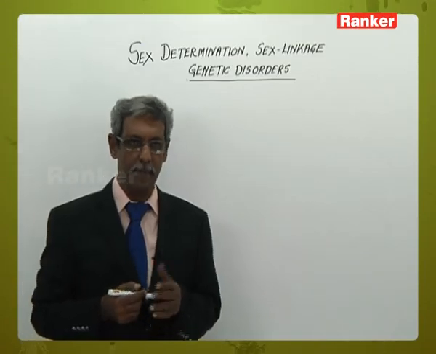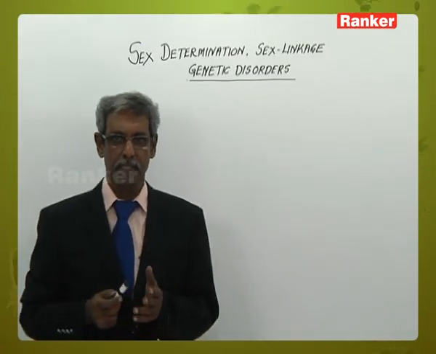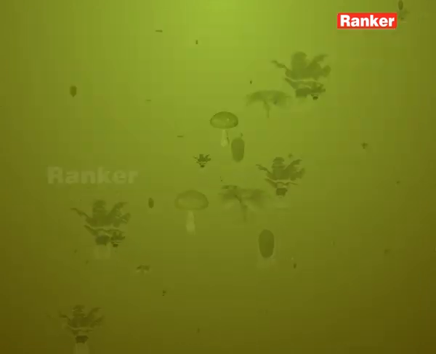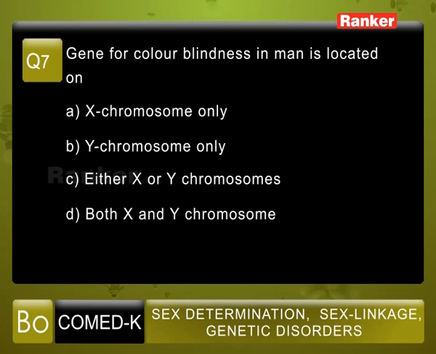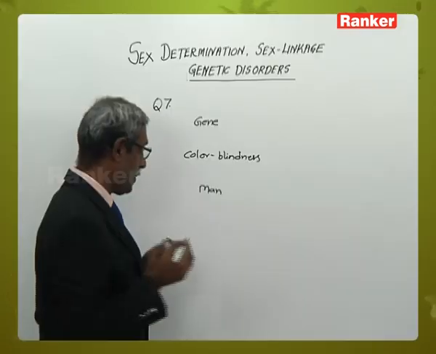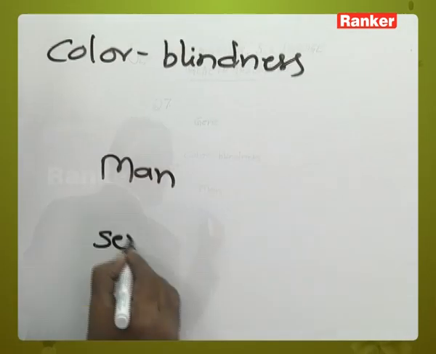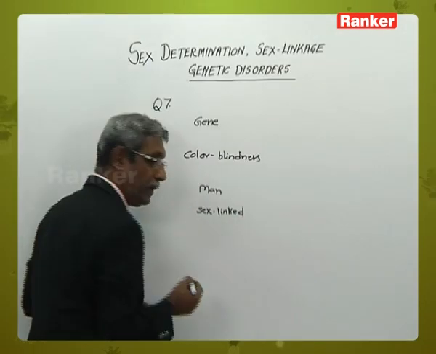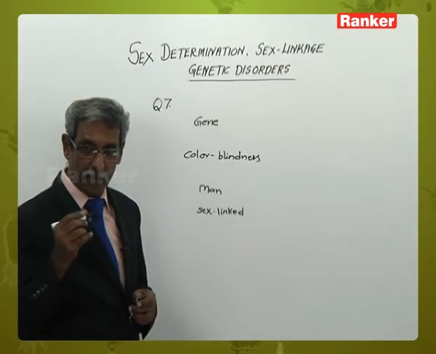We go for question number 7. This is a baseline question. Now question number 7 asks you, where is the gene for color blindness? The gene for color blindness in man is located on, because it is sex linked, it is predominantly located only on the X chromosome.